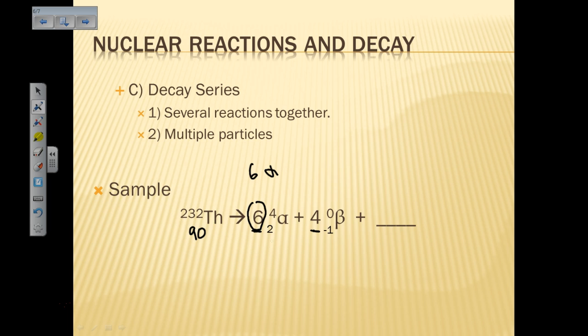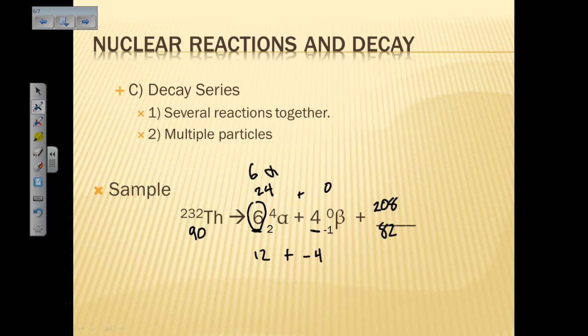So here, if this is 90 and 232, at the top we have 24 plus 0, so this must be 208. Now at the bottom, we have 12 plus a negative 4, and so that's 8. And so this goes down to 82.